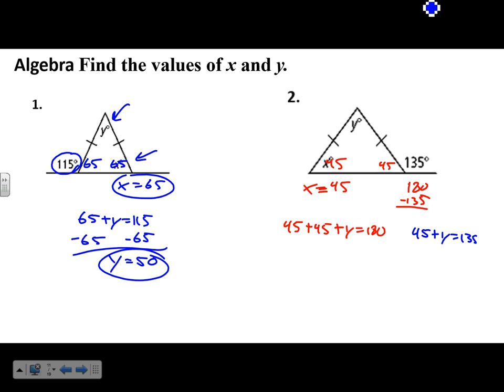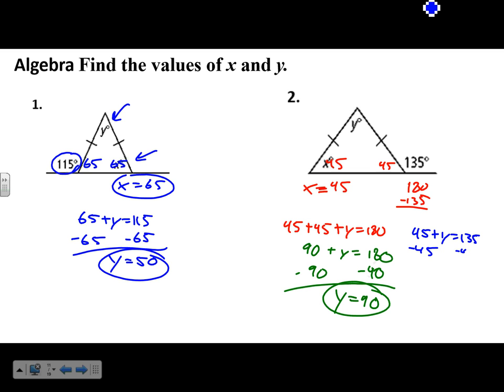It's going to give you the same answer. You get y is equal to 90 for this one. And if you did it this way, again, it's a little bit shorter, but it's harder to remember. Y is equal to 90. You get the same answer for both of those.